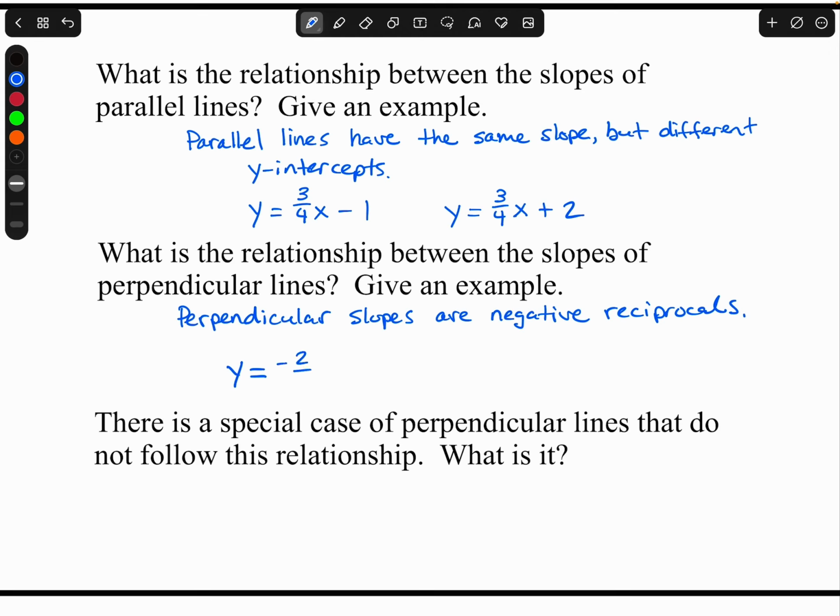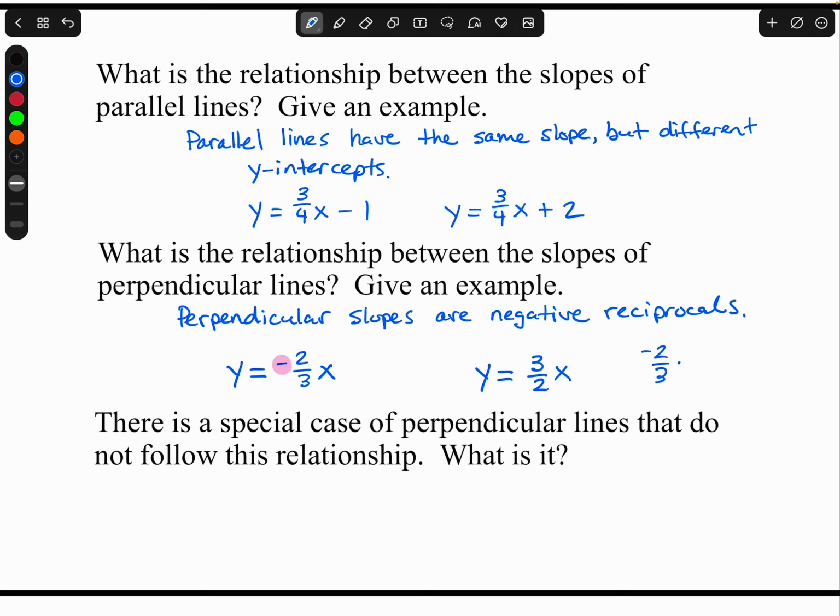Let's say we have y is equal to -2/3 x. It doesn't matter what the y-intercept is at this point. Remember, for something to be a negative reciprocal, it has to be the opposite. So our perpendicular line here would be y is equal to, if this one is negative, our new one needs to be positive, and then we need to take the reciprocal. So this one would be +3/2x, and you can have whatever you want for the y-intercept.